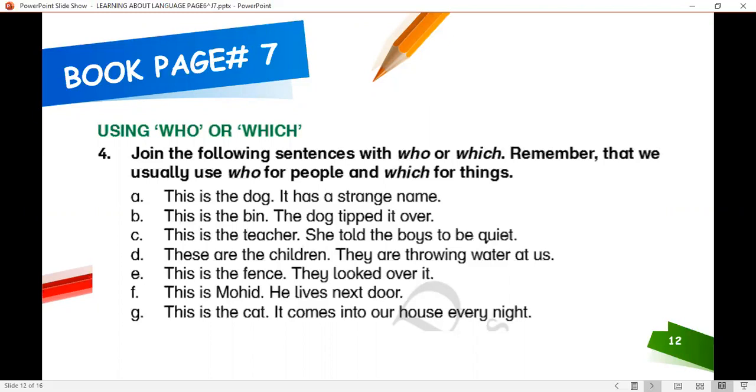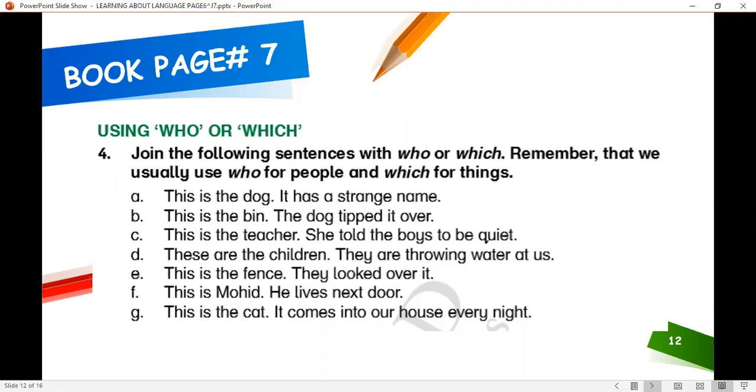Now, same will be the case with the sentence number 2. This is the bin. The dog tipped it over. How will you write it by using which. This is the bin which the dog tipped over. Now here the pronoun it will be omitted because we have used which, that is referring to the bin.